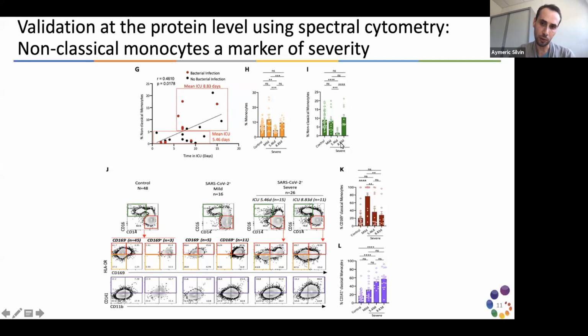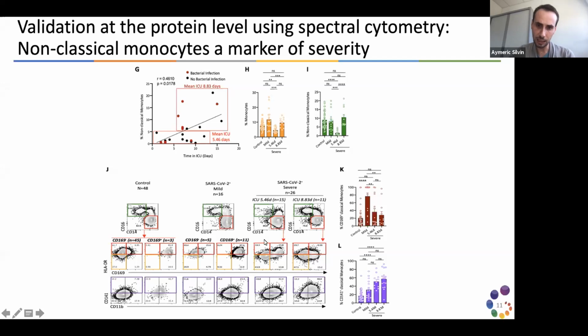And then after a week spent in ICU, they come back. And here you have the representation. When we look at the classical monocyte fraction, we observe that among the controls, only 3 among 48 were expressing Siglec-1, CD169, while in the mild patients, 11 among 16 were overexpressing Siglec-1, suggesting that what we observed in the single cell RNA-seq, the overexpression of Siglec-1, we could validate it using the Aurora.